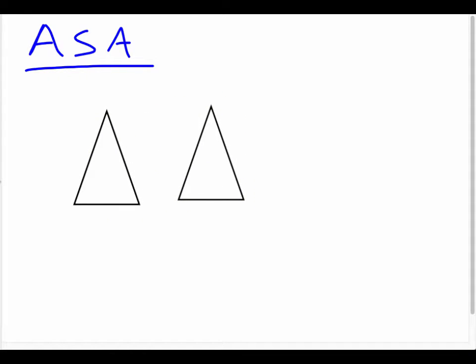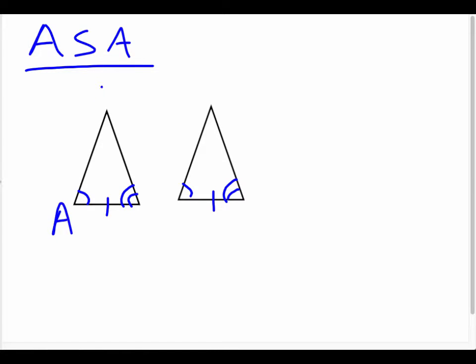So again, what I'm saying is I have to have congruent angles, all right? So those are corresponding angles, they're congruent. And then I have to have a side trapped between another congruent angle. Does that make sense? Yeah.